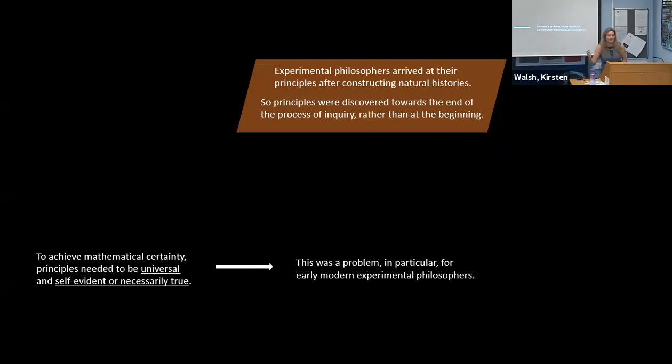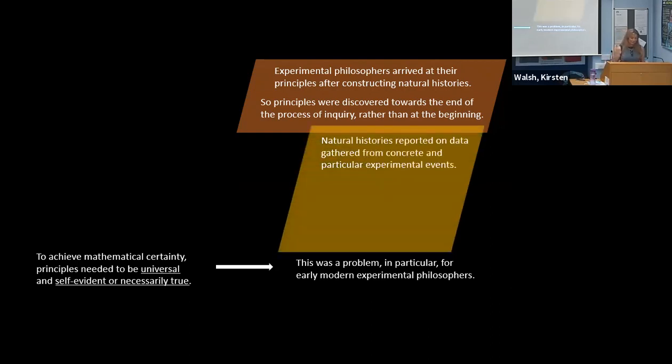But the problem with this is that principles are discovered towards the end of the process of inquiry rather than at the beginning. And so the principles are already lacking a lot of the features that we need axioms to have if they're going to reliably give us certainty. In particular, one of the problems is that natural histories reported on data gathered from concrete and particular experimental events.